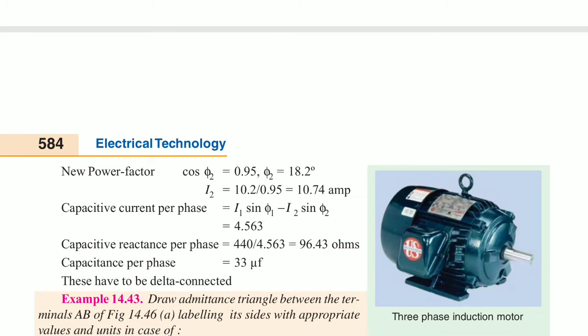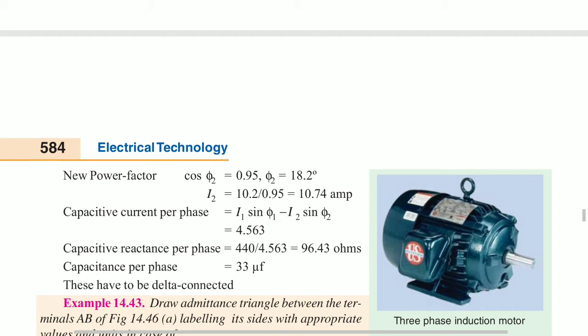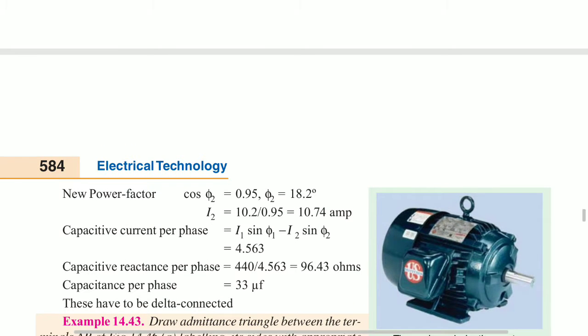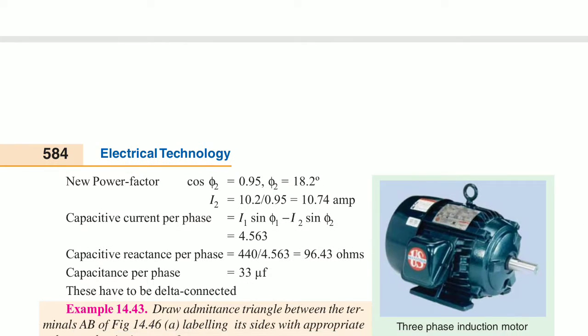Now what is the capacitance here? What is the formula for capacitance? XC is equal to V by I, and XC is also equal to 1 by omega C. So C can be written accordingly.